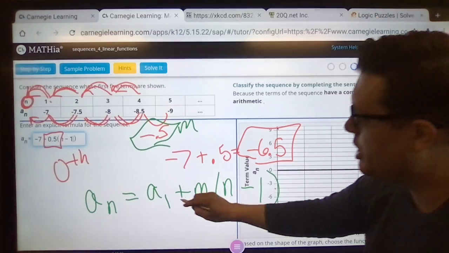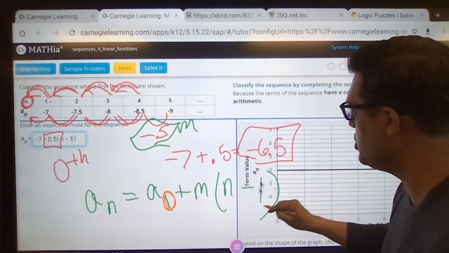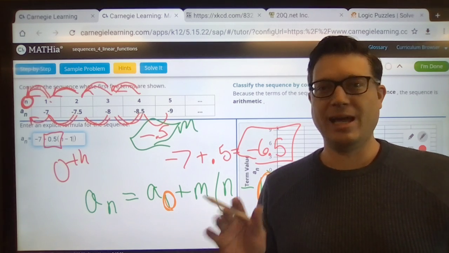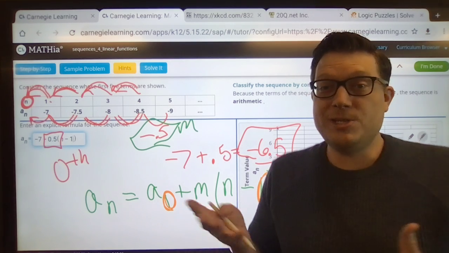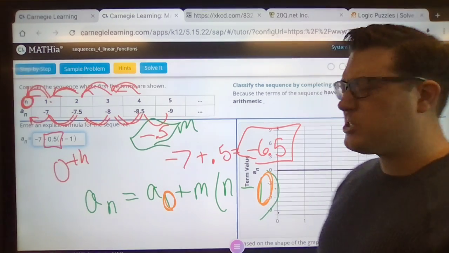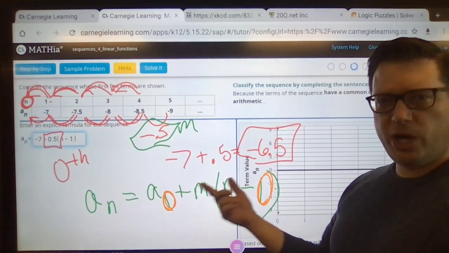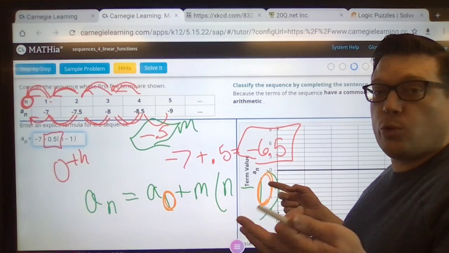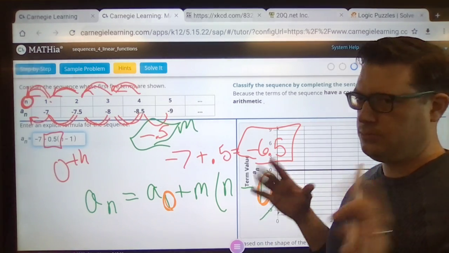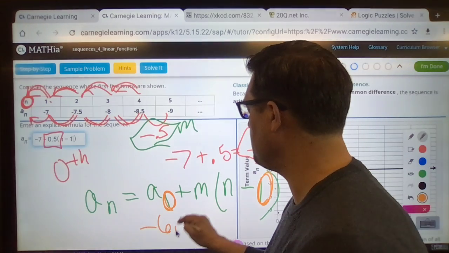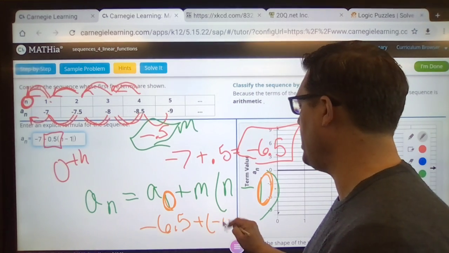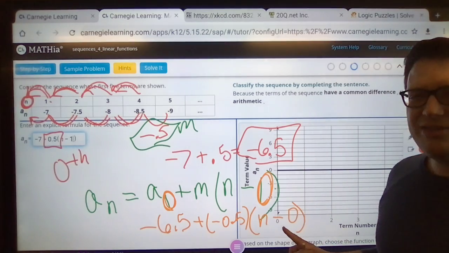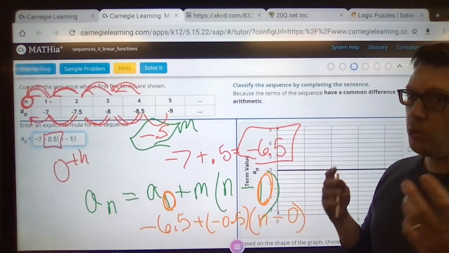We can change this to a 0 and change this to a 0, and everything is okay. It still works. We still show the pattern. We're just starting at a different value. We're starting at negative 6.5. We're not starting with the first position. We're starting with the 0th position. So negative 6.5 plus negative 0.5 times n minus 0, that's also a formula that works.